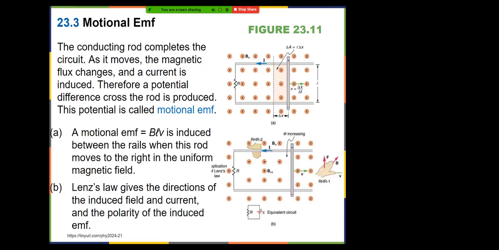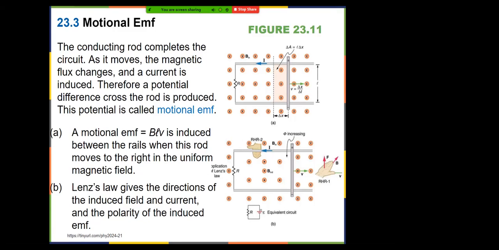That means the area of the loop is changing with time t. So flux will be changing due to the changing area of the loop. Then you will have an induced current or induced EMF through this rod.